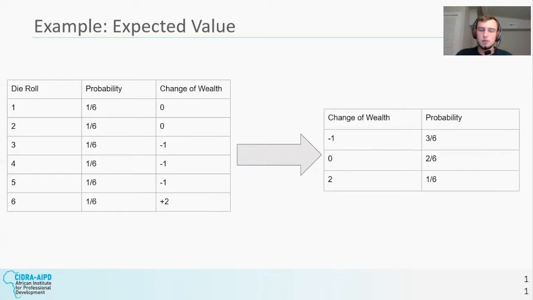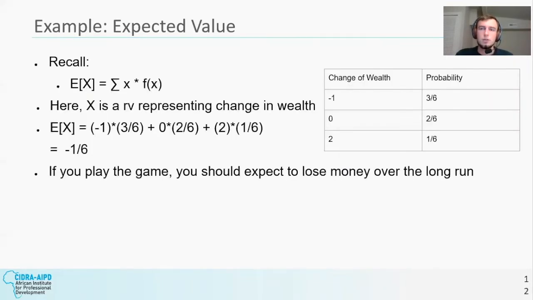All right, to continue on, we remember our expected value formula is we're summing up, for each possible outcome, the value of the outcome times how likely it is to happen. Here, the random variable we care about is our change in wealth.